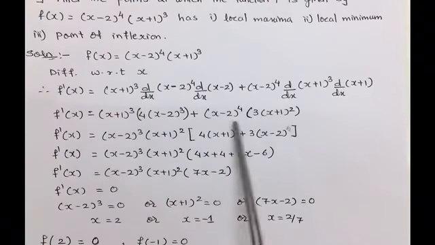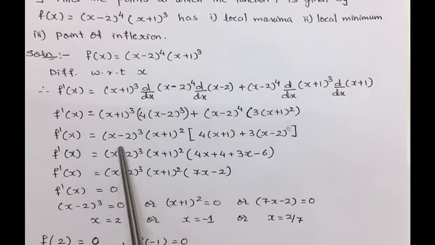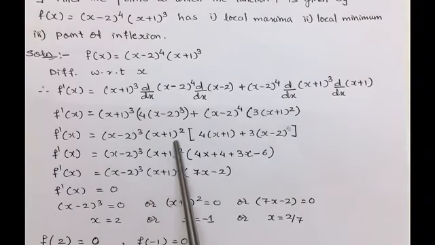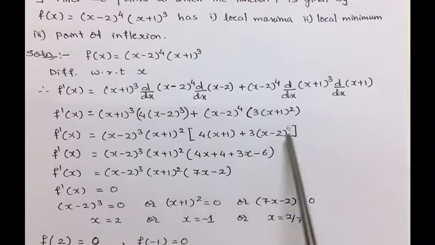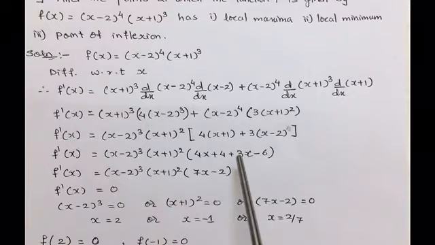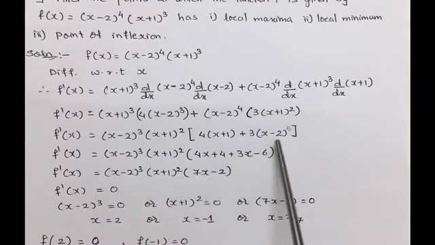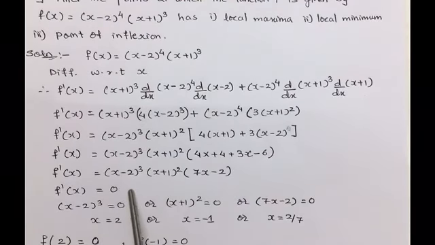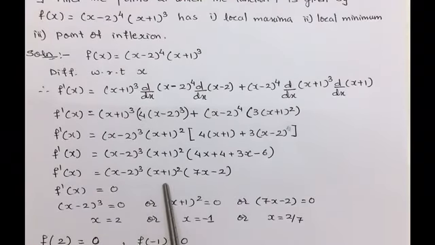Taking out common from both, x minus 2 whole cube and x plus 1 whole square. Inside the bracket remains this. Expanding the bracket and calculating, we get f dash x is equal to x minus 2 whole cube, x plus 1 square, and this bracket calculation gives 7x minus 2.